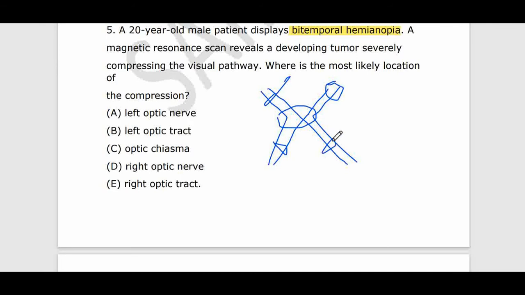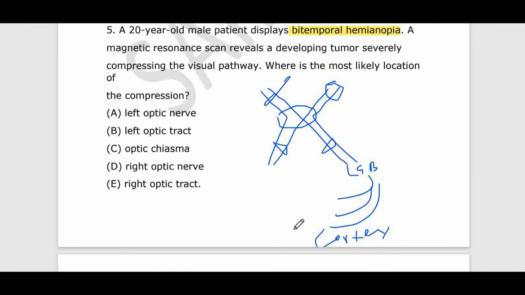Of course, the optic tract will end at the lateral geniculate body, and from there you are going to have your optic radiation going to the visual cortex. So this is how it works.